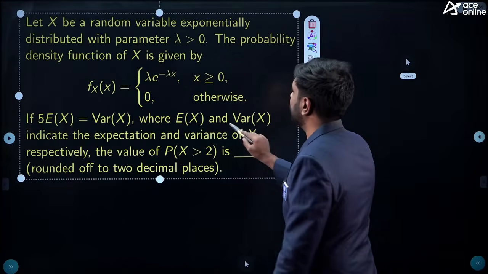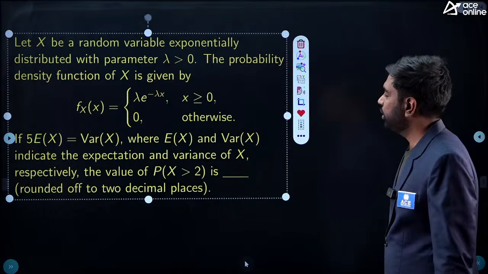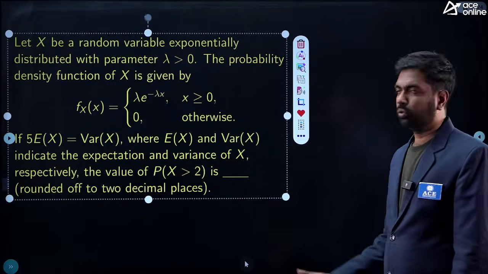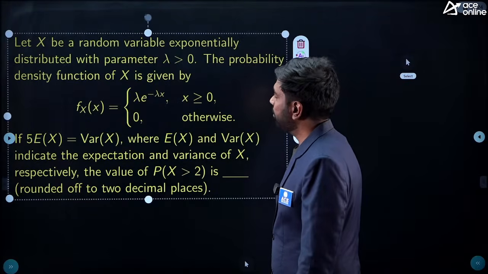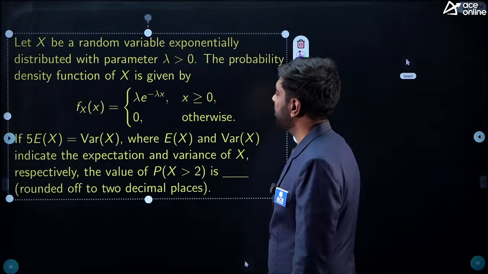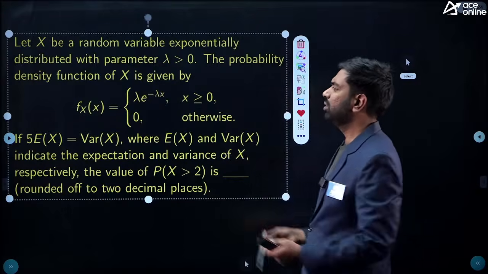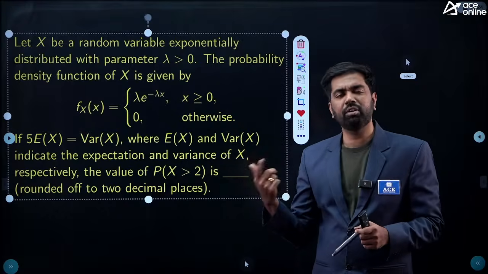So what are they asking here? Let x be a random variable which is exponentially distributed with parameter lambda greater than 0. So the discussion is now about exponential random variable. The probability density function of x is given by lambda e power minus lambda x. We all know for exponential random variable the probability density function is lambda e power minus lambda x.